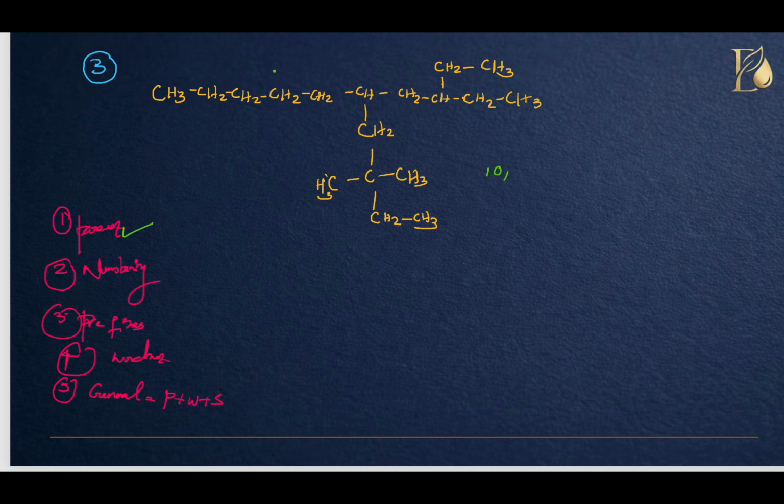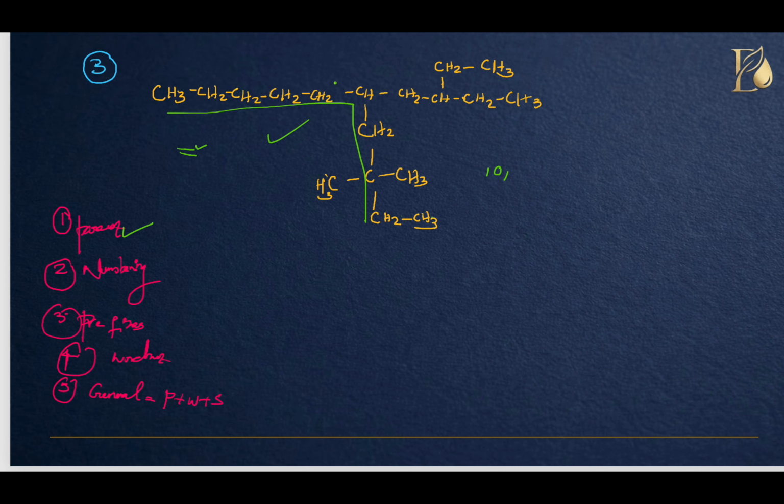So one thing that you can get from this is, if there are 2 identical chains, then you have to select the chain which has more number of substituents. So among these 2 identical chains, you have to choose the chain which has more substituents. So you have to select this chain.